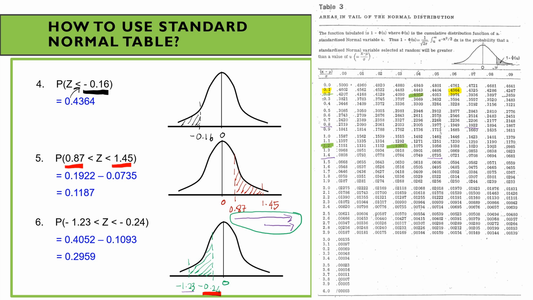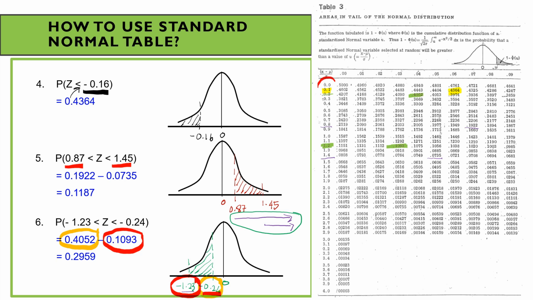So look at here, the probability value of 0.24 equals 0.4052. Meanwhile, the probability value of negative 1.23 equals 0.1093. So the closer to zero, the larger the probability value. Look at here.